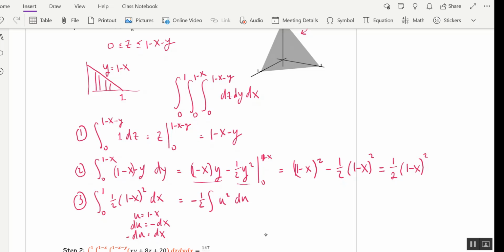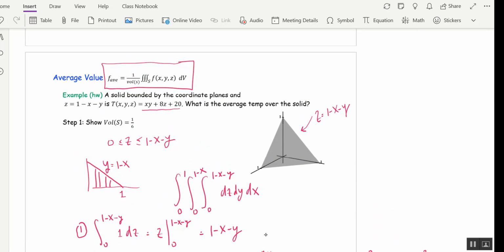And we have to change our limits. When x is 0, u is 1. And when x is 1, u is 0. I'm just going to leave it in this order. This is negative 1/6 u cubed between 1 and 0, which is 0 minus negative 1/6, which is 1/6. So that's the volume of the tetrahedron that will go right here in this formula in the denominator.